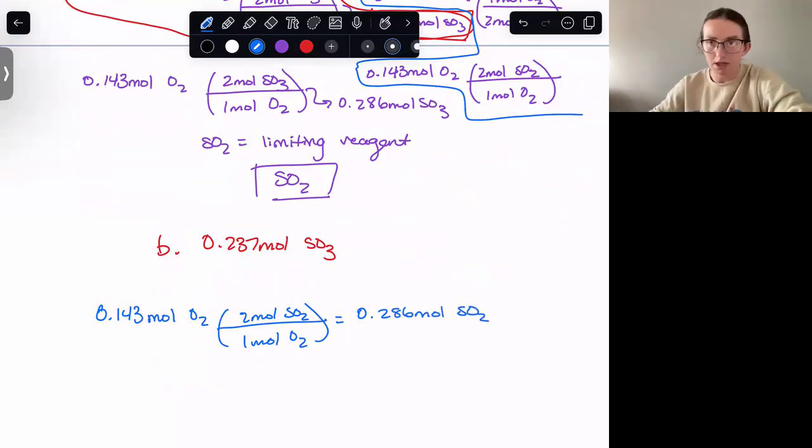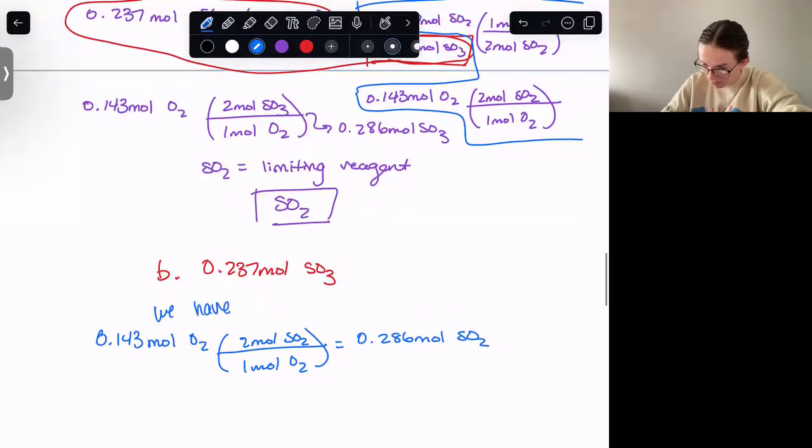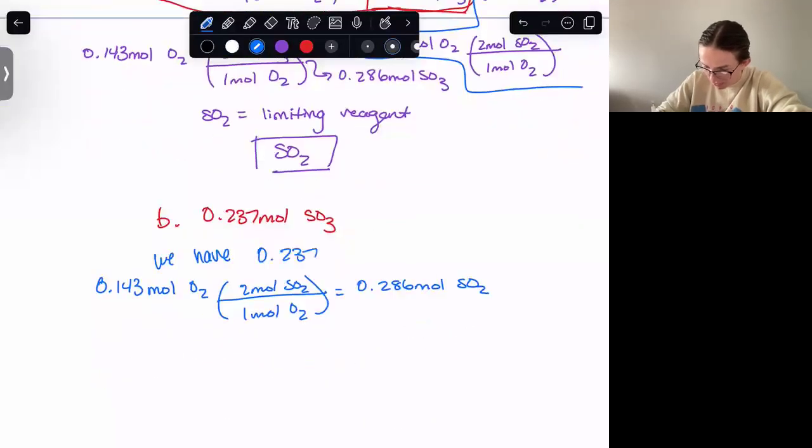If we're looking at what's in blue here, we're saying, okay, if oxygen is my limiting reagent, then I would need 0.286 moles of SO2 in order to completely use up all of my oxygen supply. But from our question, we know that we only have 0.237 moles of SO2. So because we don't have enough SO2 to completely use up the oxygen, that means that SO2 has to be our limiting reagent.